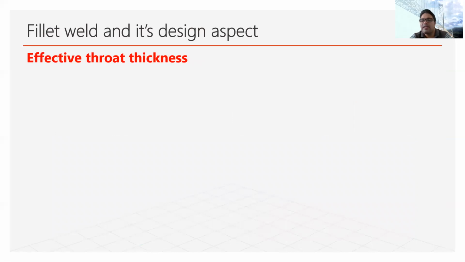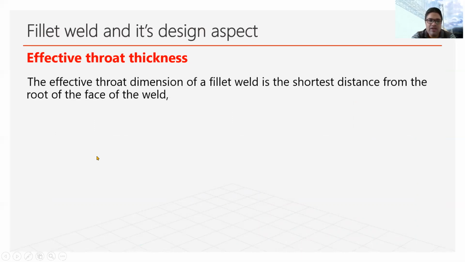Similarly, the next important term that we generally use in our calculation is effective throat thickness. As per definition, the effective throat dimension of a fillet weld is the shortest distance from the root to the face of the weld. I will show you again.